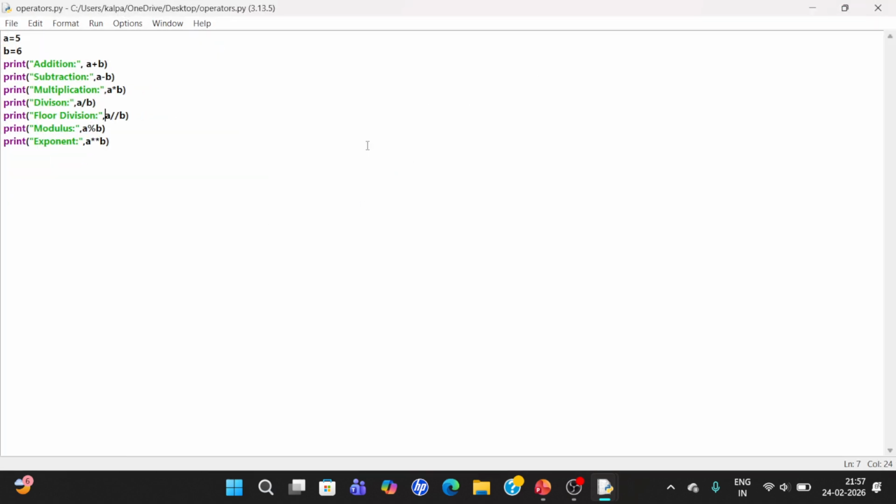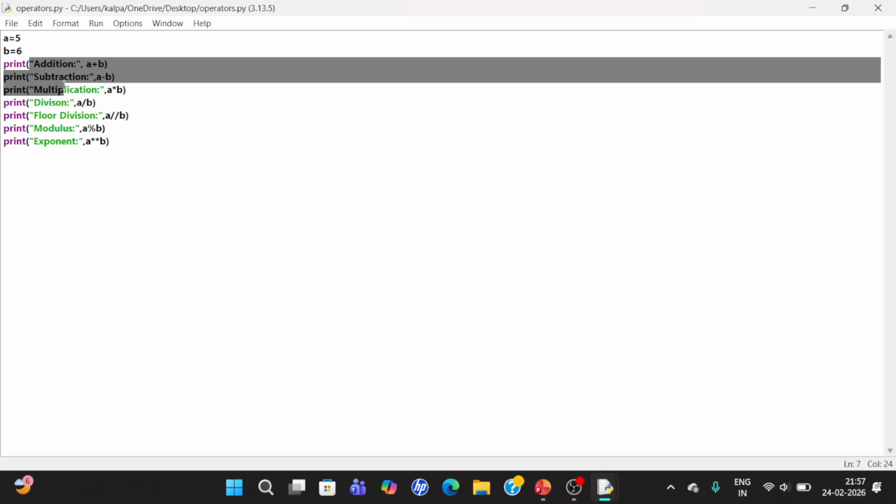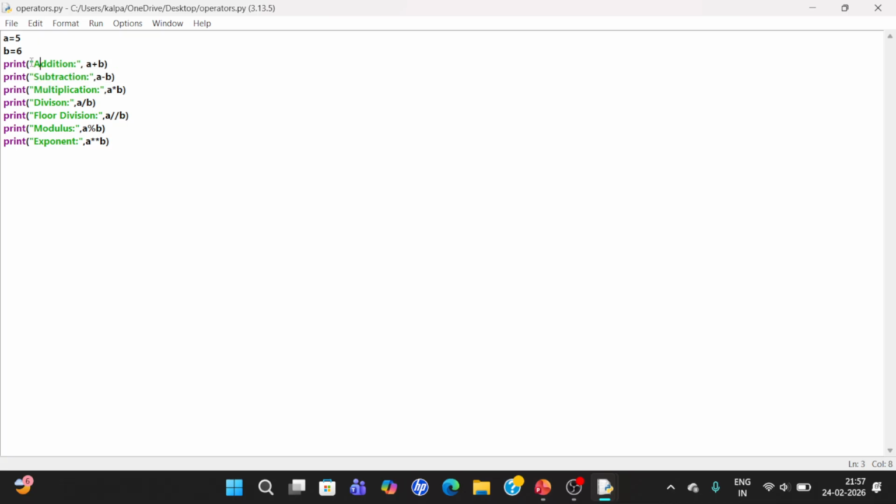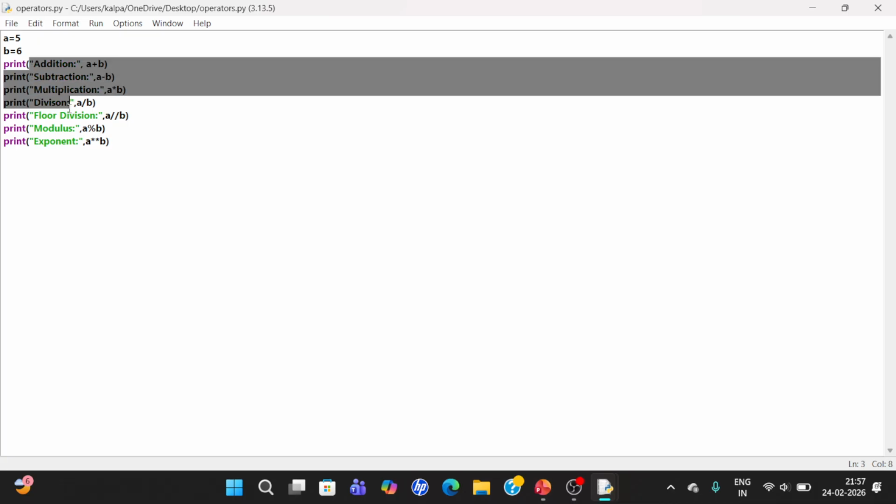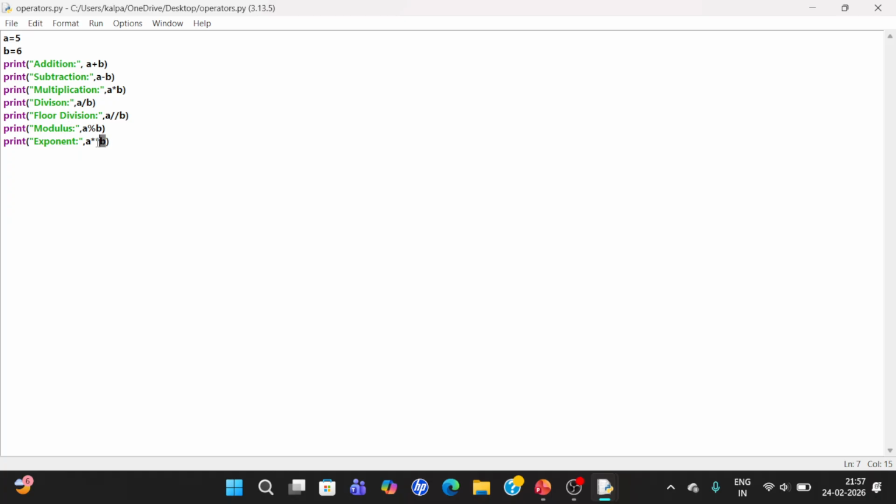Next we can see the relational operators example. We can remove all these and change the program like this.